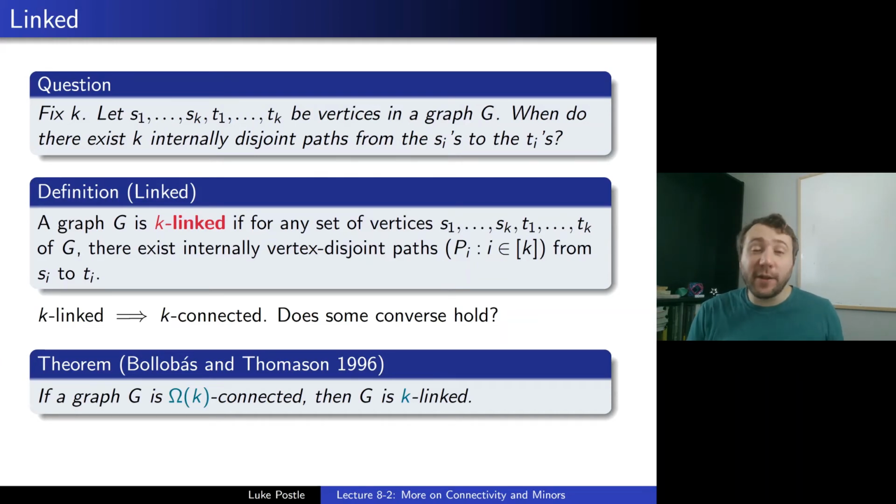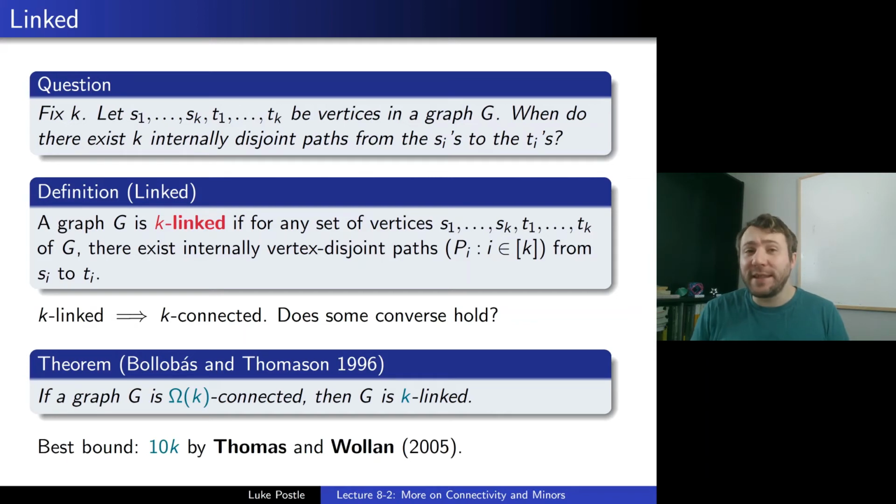So there were, again, a number of earlier results we don't have time to go through, but there was this breakthrough by Bollobás and Thomason in '96 who showed that a linear function suffices. So in the spirit of Mader or Girão and Narayanan, somehow linear for these questions is the right answer. So if a graph G is omega of k connected, then G is k-linked. Their number was around 22k, which is not so large.